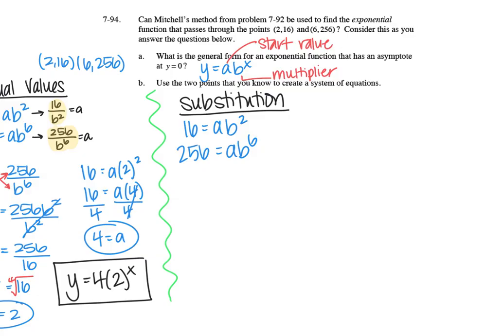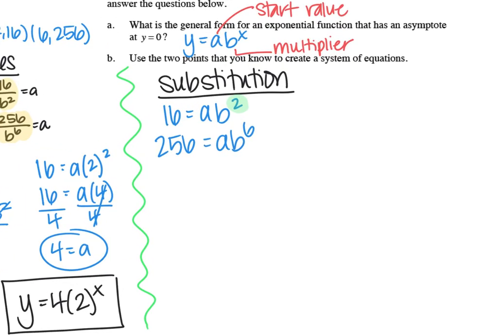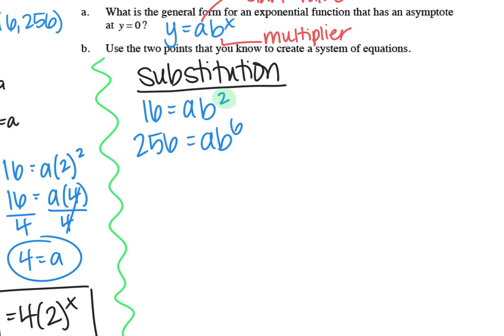Now, when I use substitution, I like to just take my equation with the smaller exponent. So that's going to be this equation here because 2 is the smaller exponent. And I like to get a alone in that equation. So when I do that, this equation turns into, just like it did before, 16 over b squared equals a.